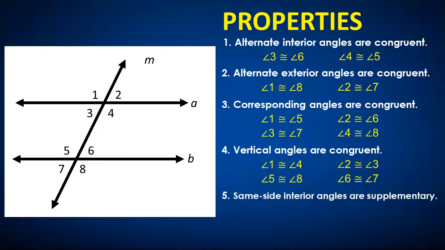Next, number 5, same side interior angles are supplementary. Last week, we discussed supplementary and complementary angles. When we say supplementary, the sum of the angles is 180 degrees, while complementary, the sum of the angles is 90.